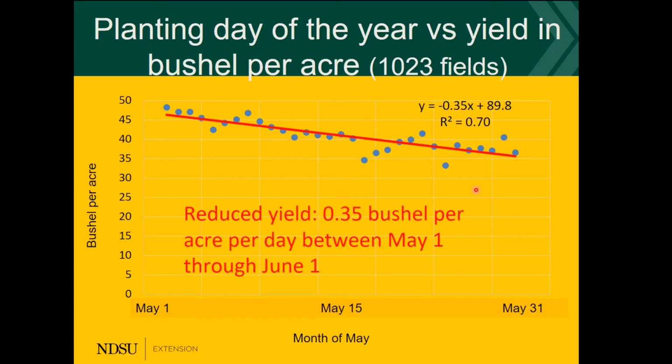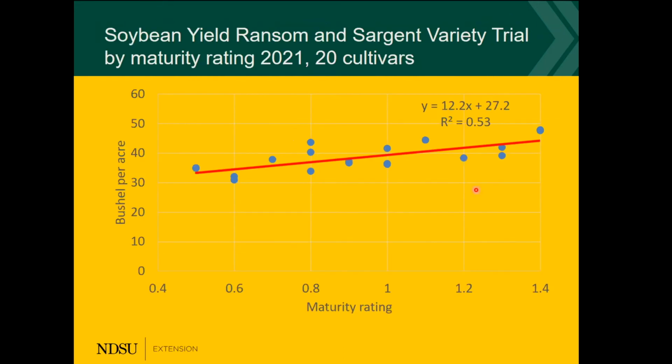So what we found is that there is about a 0.35 bushel per day difference if you plant 1 day later between May through about 1st of June. So just waiting a day planting gives you a yield reduction of about a third of a bushel, at least yield potential. Now, the second factor, of course, is the maturity of the varieties.